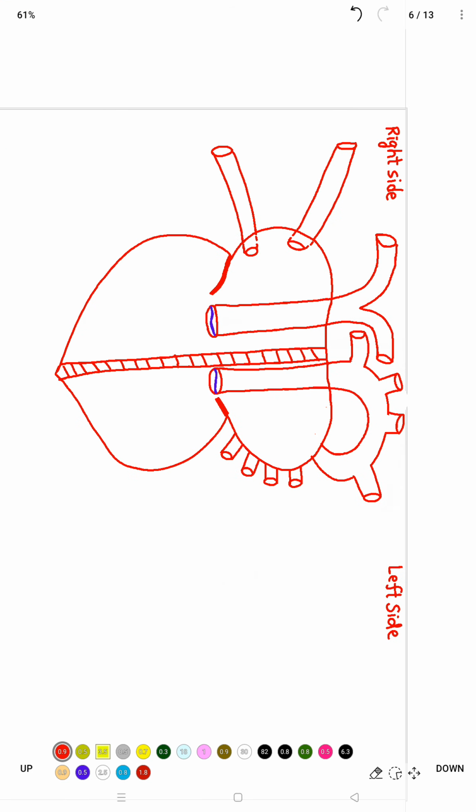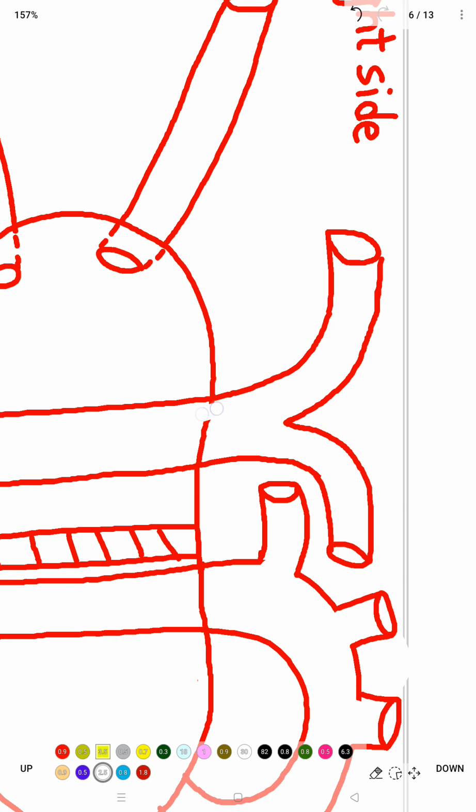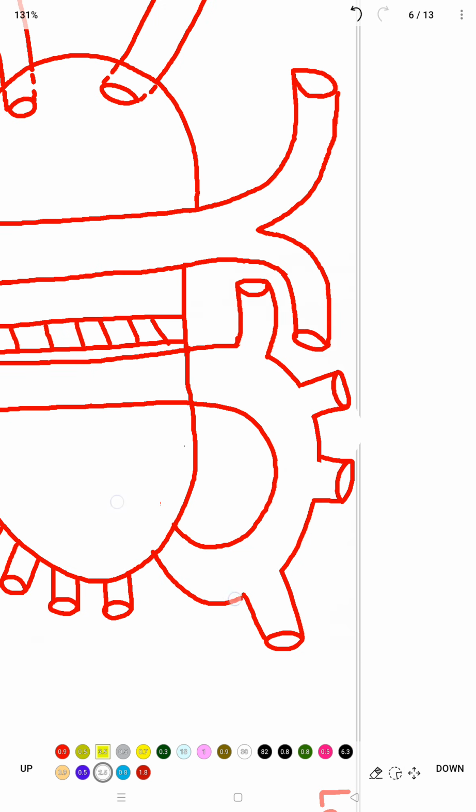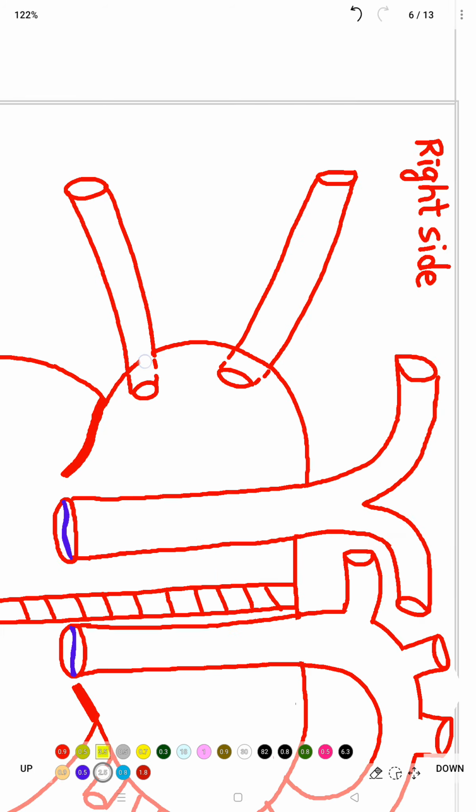Okay, if we see about the blood circulation, then we can see the systole and diastole, that is simultaneous contraction and relaxation of the atrium and the ventricle inside the heart.